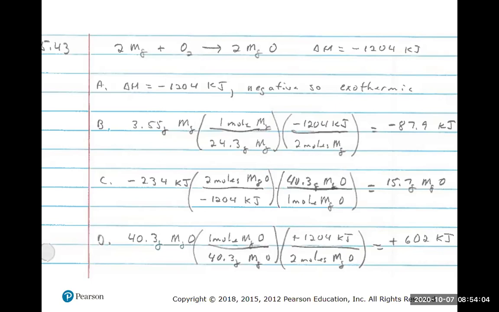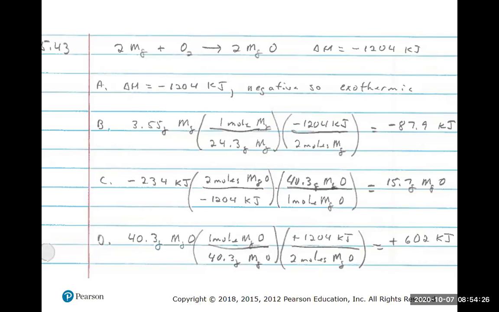Okay, let's look at D then. How many kilojoules of heat are absorbed when 40.3 grams of magnesium oxide is decomposed into magnesium and oxygen at constant pressure? So 40.3 grams magnesium oxide.